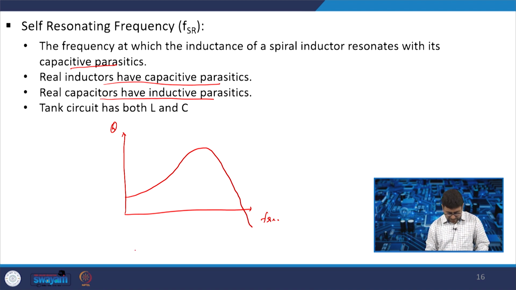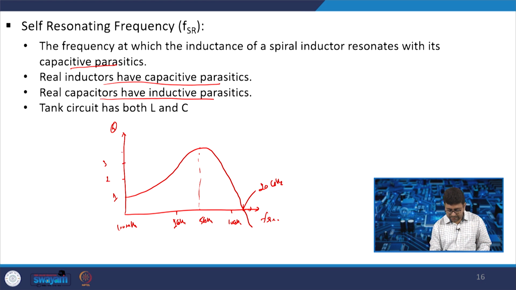Let us say it starts from 100 megahertz, this is 1 gigahertz, this is 5 gigahertz, this is 10, and at this frequency it is 20 gigahertz. The Q is, let us say, 1, 2, 3, 4, 5. So, at one desired frequency you will have a maximum Q.